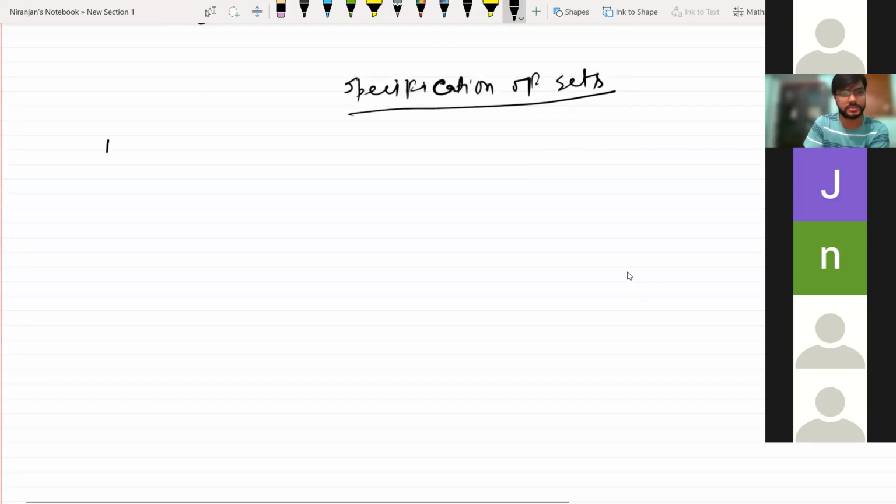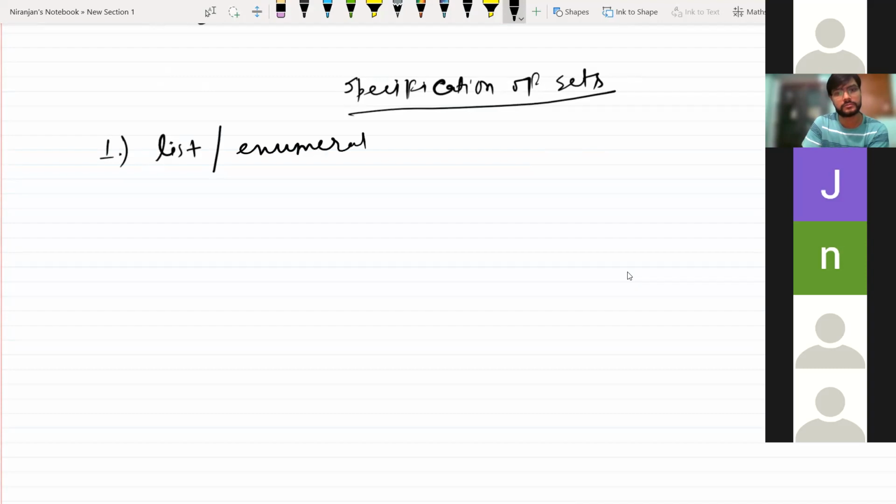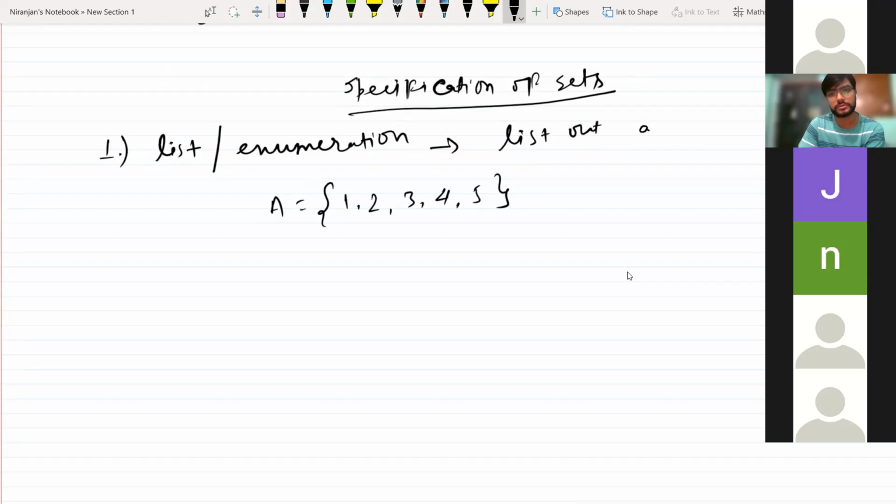So there are 3 methods. One is list, or enumeration. Like I used earlier, 1, 2, 3, 4, 5. You actually list out all the elements of the set. So in this method, you specify a set by listing out all the elements of the set.